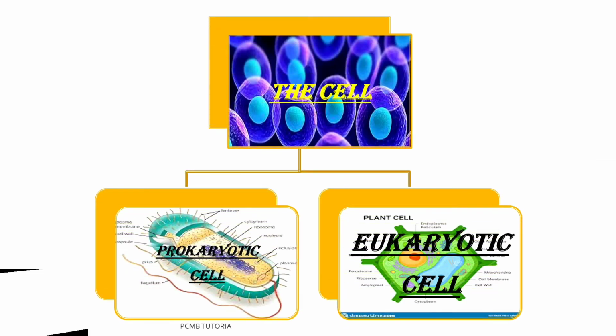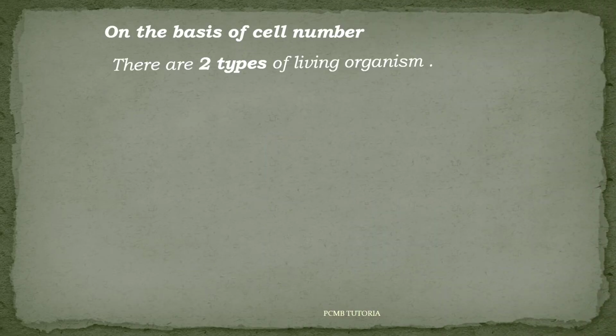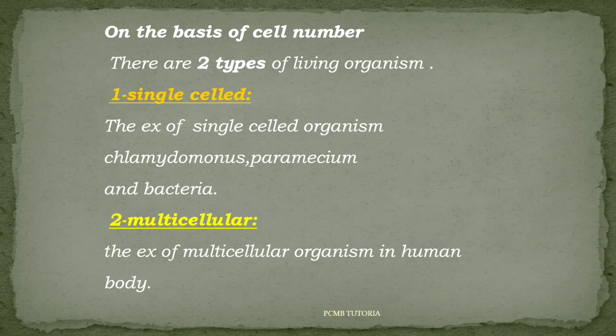Number 1, single-celled living organisms, for example Chlamydomonas, Paramecium and bacteria. Number 2 is multicellular living organisms. An example of a multicellular organism is the human body.